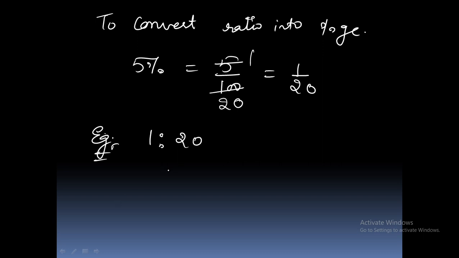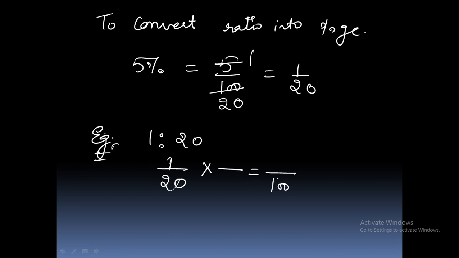For example, you have given 1 is to 20. Then you can write it as 1 by 20. First of all, this fraction will be converted into a fraction whose denominator will be 100.